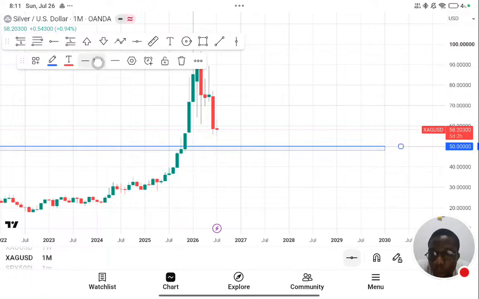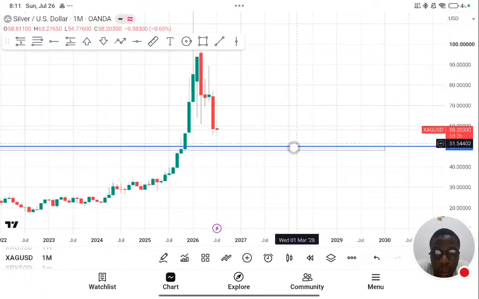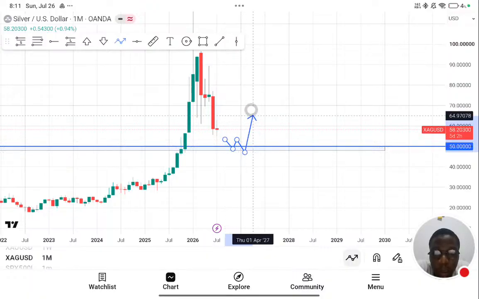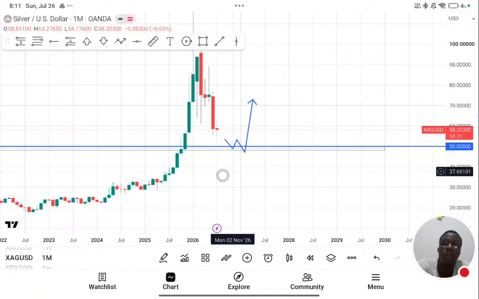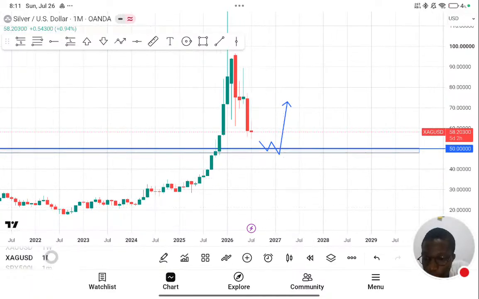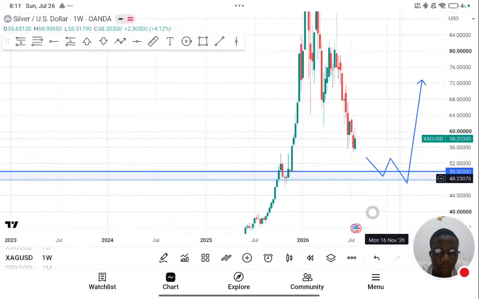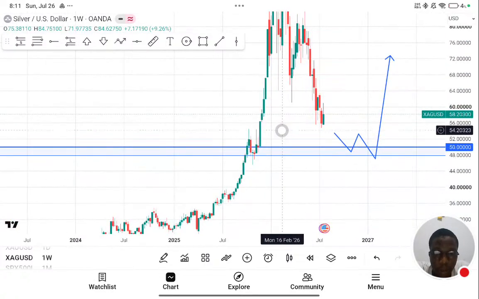So price coming to this level, maybe doing some W thing and go. So this is what I see happening on silver from a monthly perspective. Now you see this price reacting to this level already.